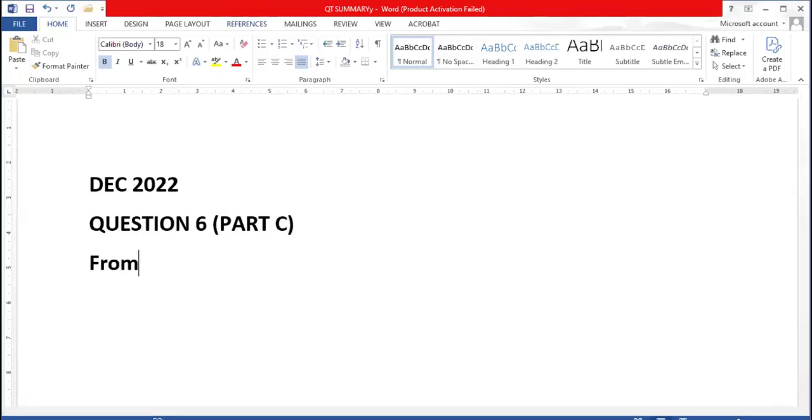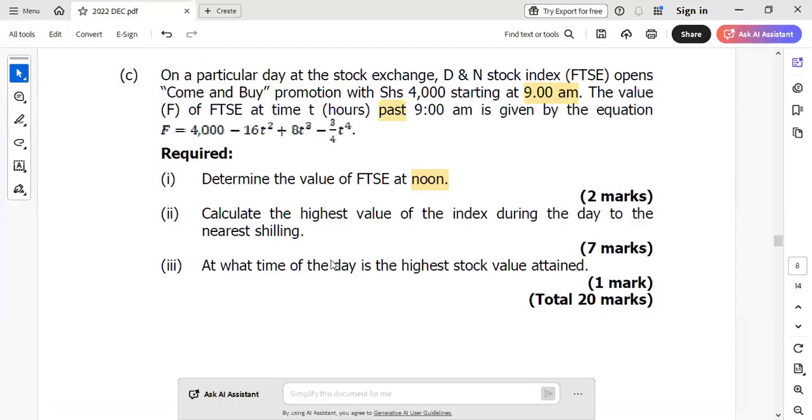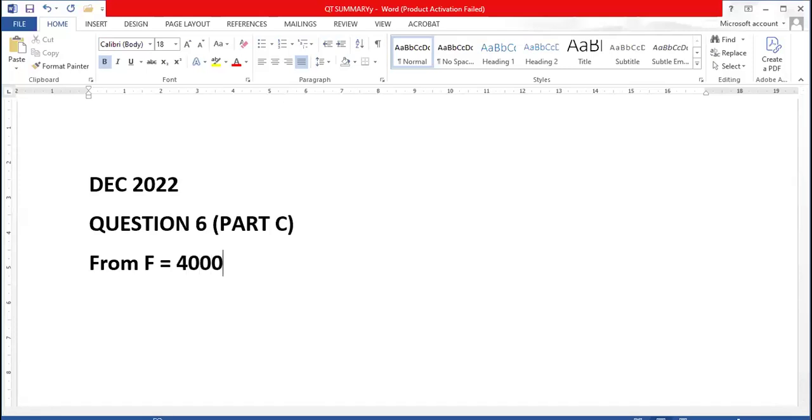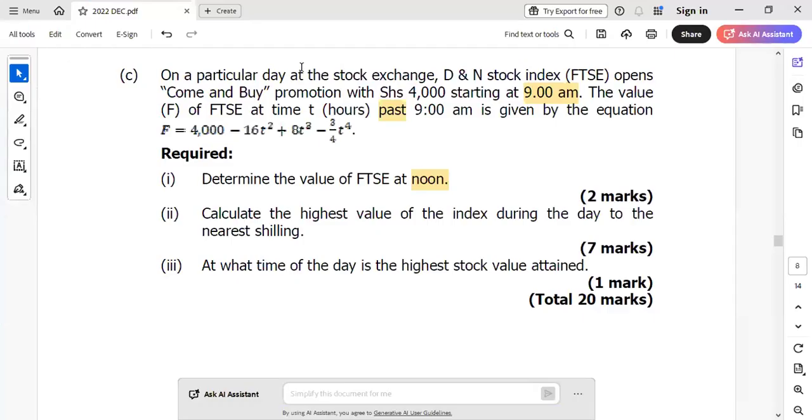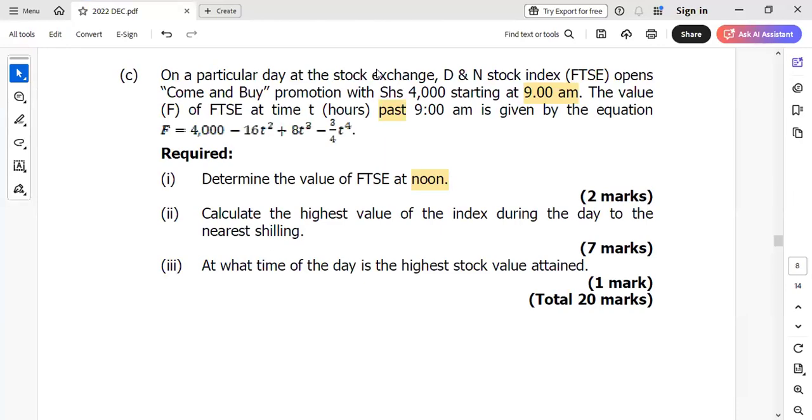Okay, so from F is equal to the equation, help me, tell me it is 4,000 minus 16t squared. After t squared, what is there? Plus 8t cubed. Oh, it is not plus, it is minus here.